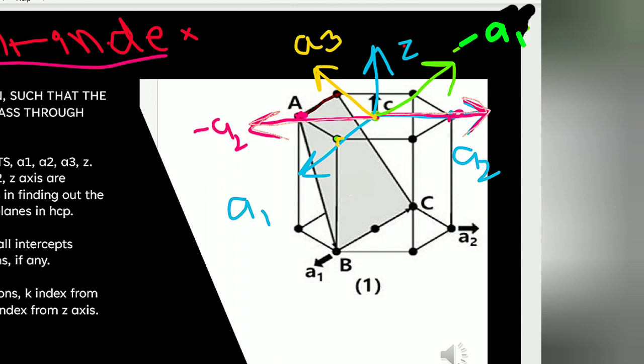So for A1, we found the opposite corner, we have drawn a line from origin to that corner and got the negative axis. And now this one corner is for positive A3. The corner just opposite to that one is this corner, so it will correspond to negative A3.